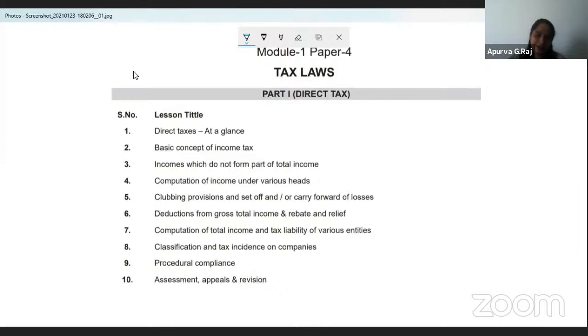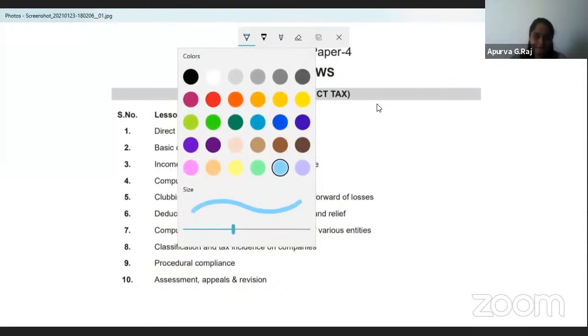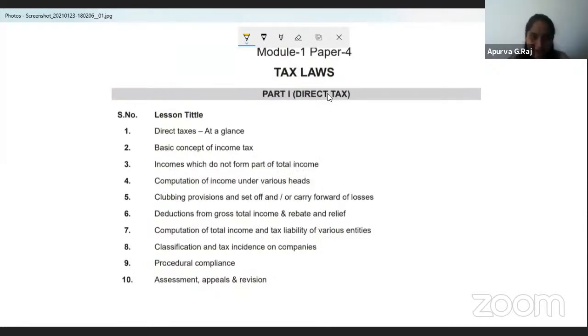The first 3 chapters are considered as basics, and the next, the fourth chapter, is going to be computation of income under the various heads.